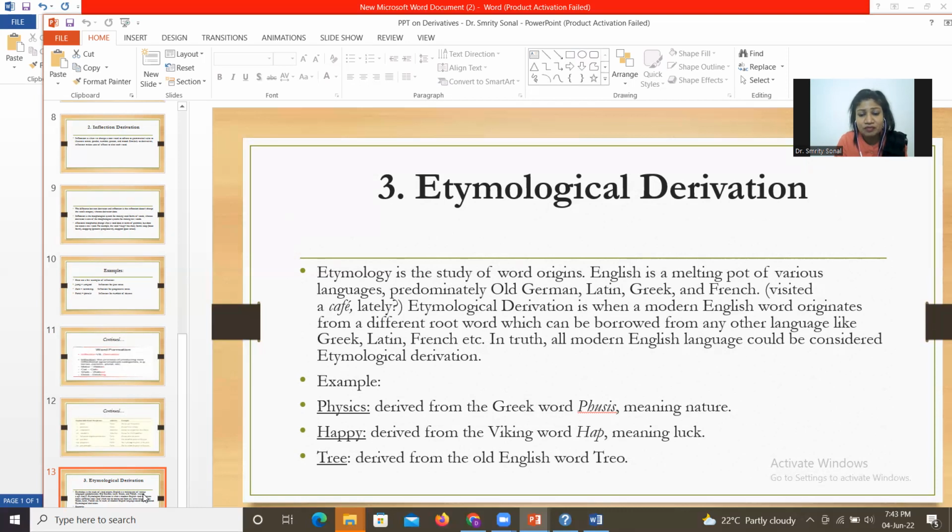All these kinds of derivation, which derive from a different language, where English takes a word as a source and then makes more derivatives out of it, are called etymological derivation.